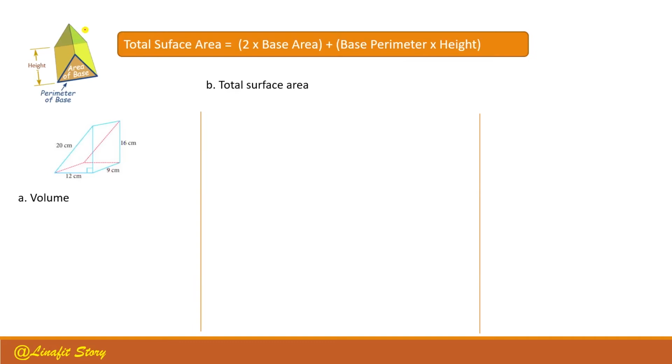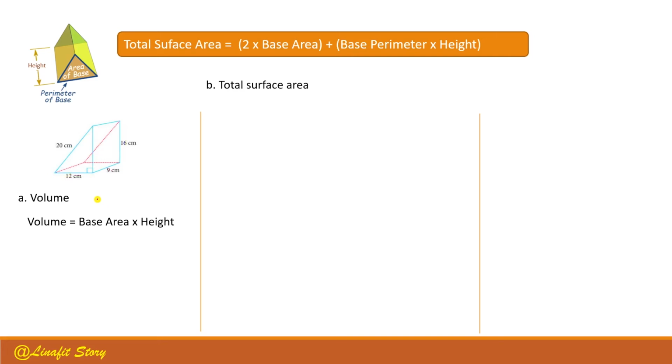To find the total surface area of a prism is 2 times base area plus base perimeter times height of the prism. Now here, find the volume and the total surface area of this prism. This is a triangular prism. So to get the volume is base area times height. The base is a right-angled triangle.